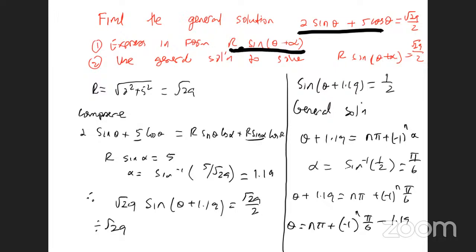So we figure out R and we figure out alpha. You have to put it back in here, and then that'll be equal to whatever you have here. We're just trying to simplify.